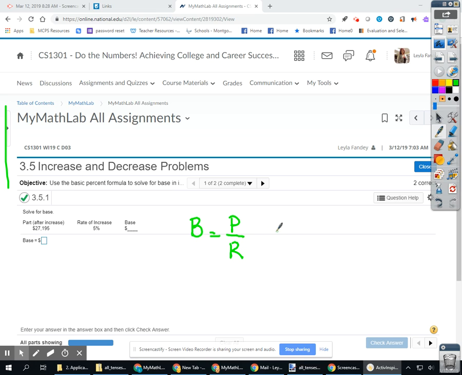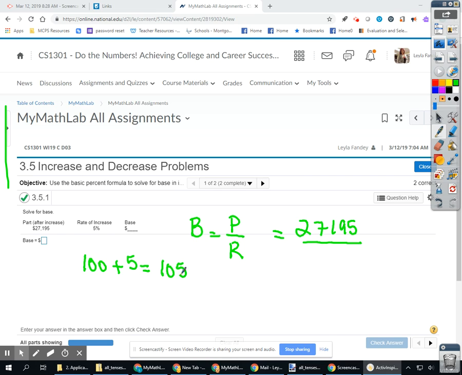Okay? Alright, so what is our part? Our part is the number in the problem, 27,195. And the rate is not just 5%, it's 100 plus 5. Because the base has kept its original value and is increased by 5%.